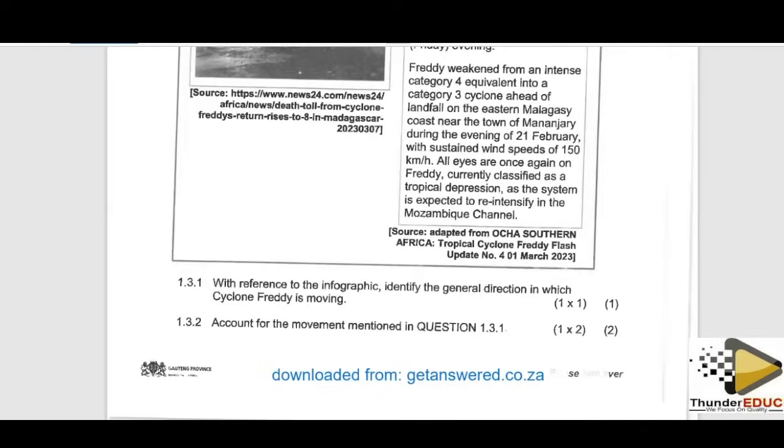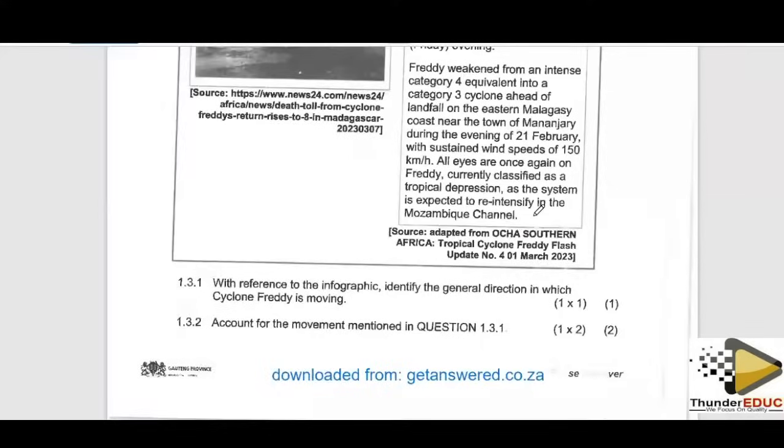All eyes are once again on Freddy, currently classified as a tropical depression, as it is expected to re-intensify in the Mozambique Channel. All right, so that is our infographic. Therefore, let us try to look at the following questions.